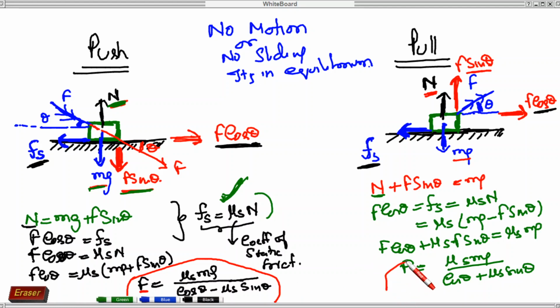So like you can see here, we got these two force values. Which one you find easier, means pushing is better or pulling is better?